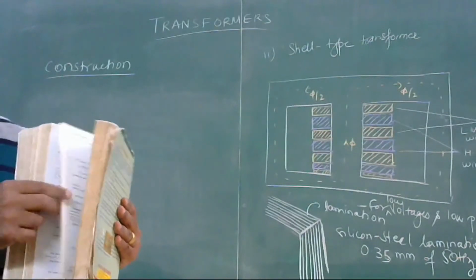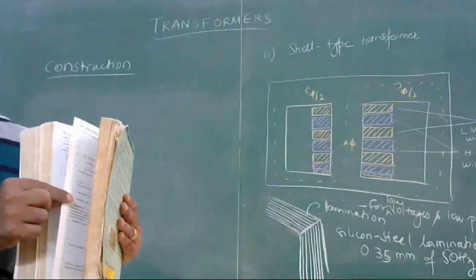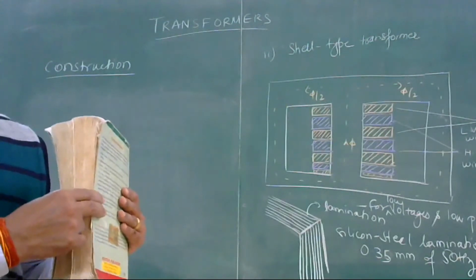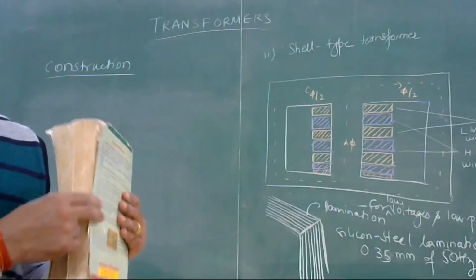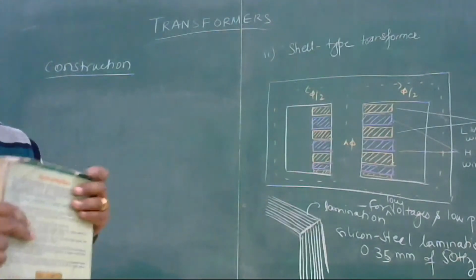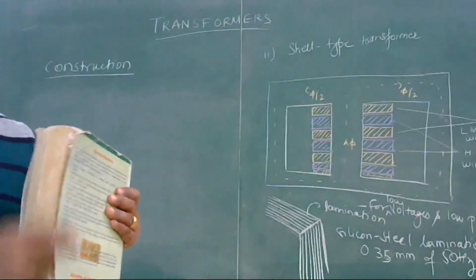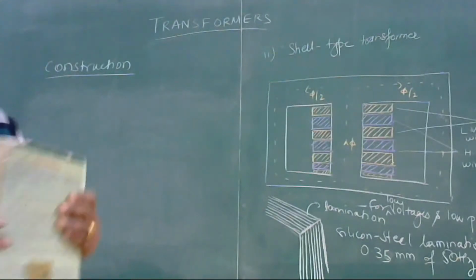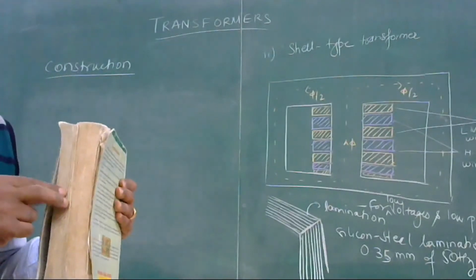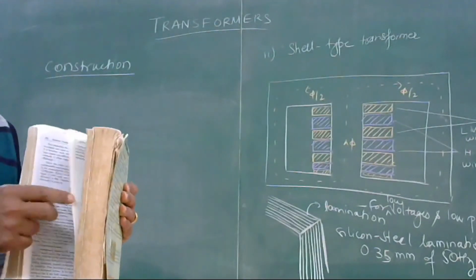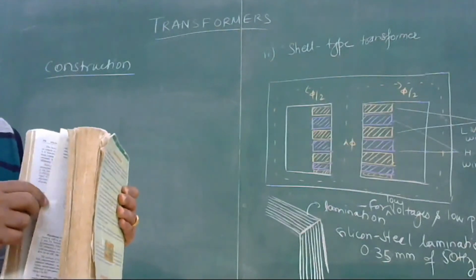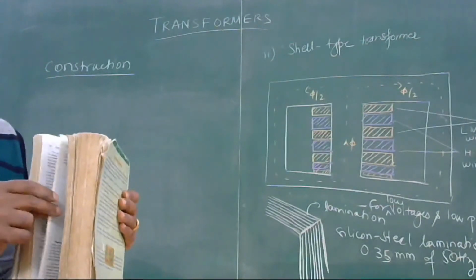This single small sheet, like paper, is a lamination, and these are stacked like this to make the core of the transformer. We never use a transformer with a single solid core. It is made up of small laminations.